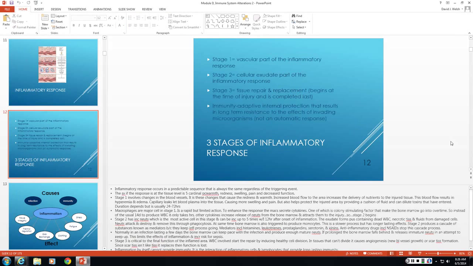Now, you're going to have 3 stages of your inflammatory response. Your first stage is going to be the vascular part of the inflammatory response. Stage 1 involves changes in the blood vessels like we talked about.